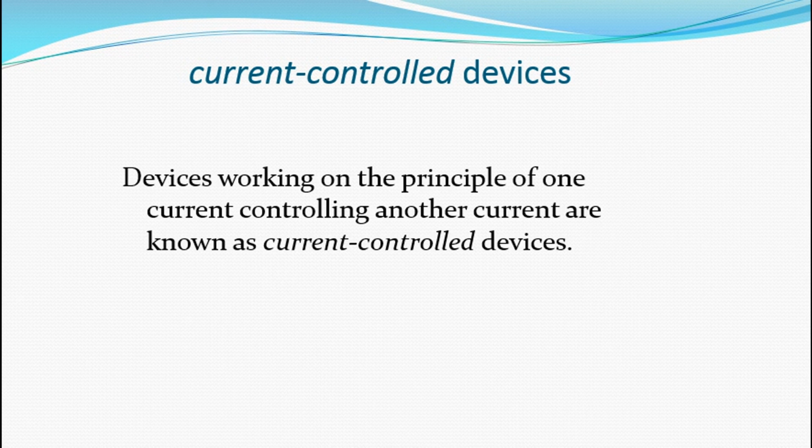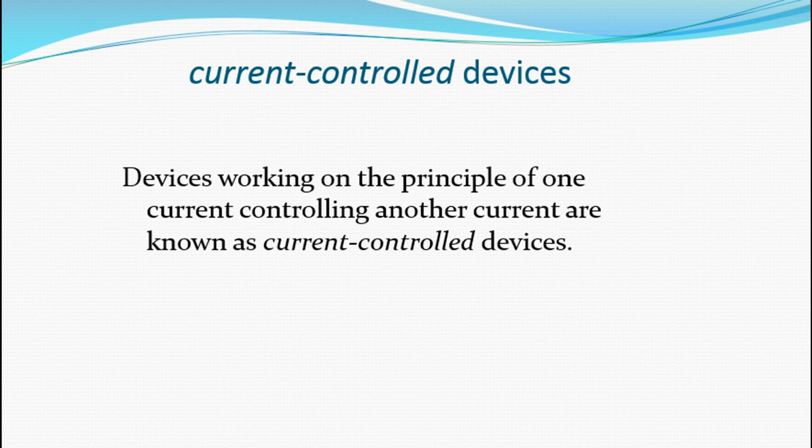Current control devices. Devices working on the principle of one current controlling another are known as current control devices. Now, what do you mean? What are the examples of current control devices? Transistors are made as either voltage control devices or current control devices. A transistor is not just based on voltage or current; it is based on the two sides.